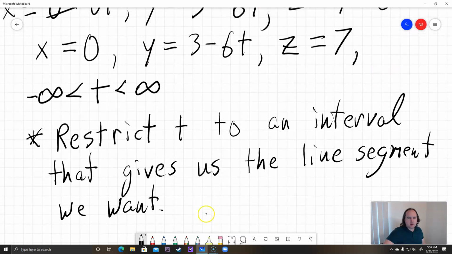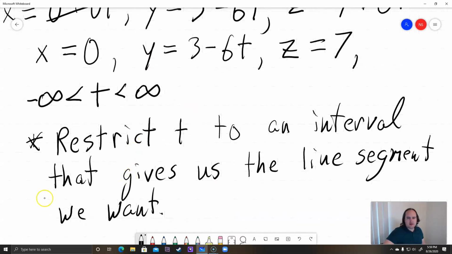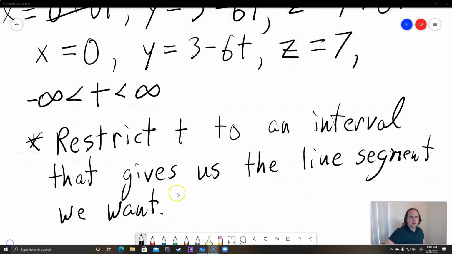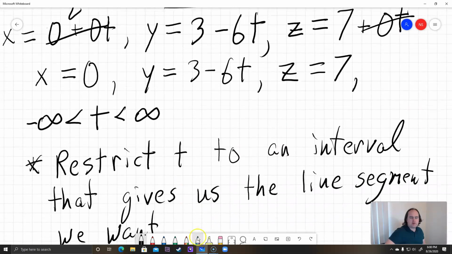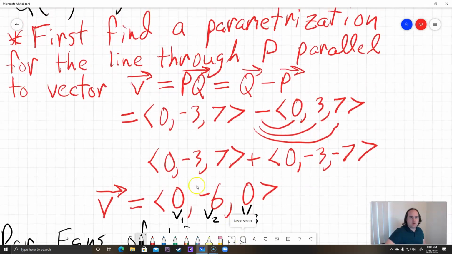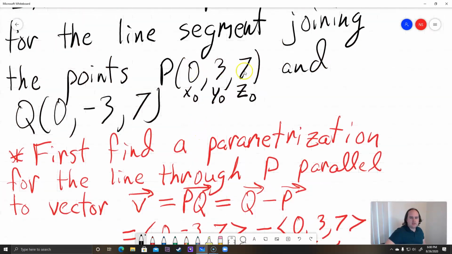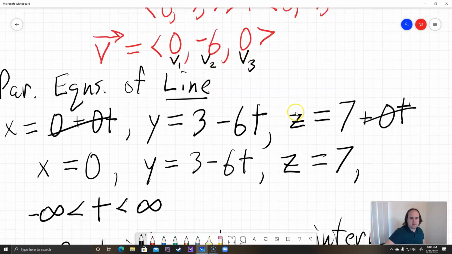Okay, so how are we going to restrict t to an interval that gives us the line segment we want? Well, it turns out that we've actually done most of the work already. So for the line segment that we want to start at 0, 3, 7.